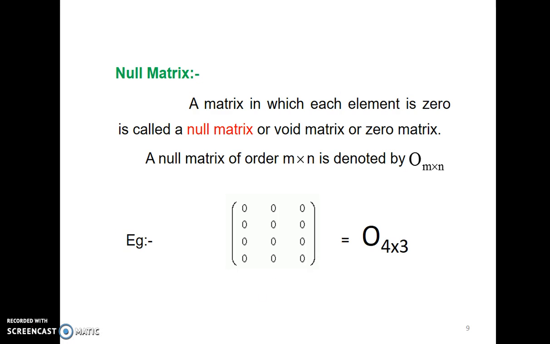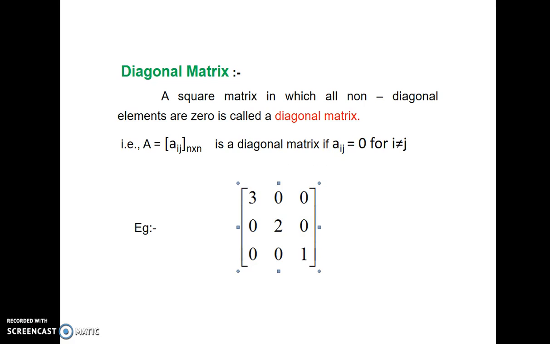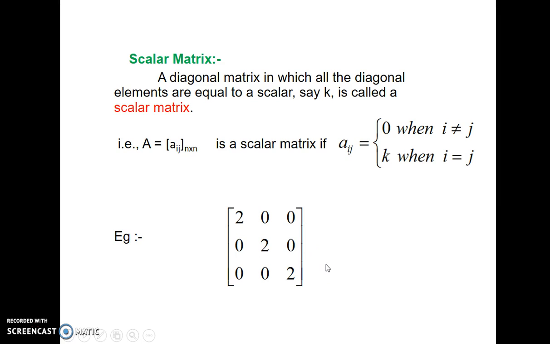A null matrix is one in which all the elements are 0. A diagonal matrix is a square matrix in which non-diagonal elements are 0. These are the diagonal elements.